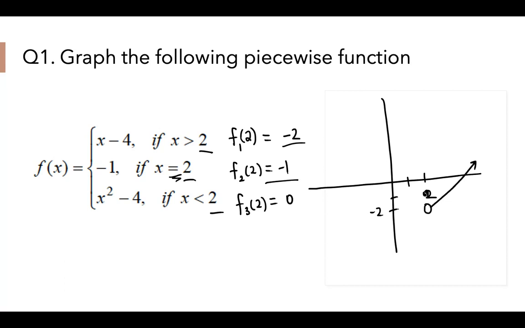I'm going to draw a closed circle at negative 1. And when x is less than 2, my y value starts at 0 and it's not including, so I'm starting at 0 with an open circle, and it's a parabola. It will look something like this. So this is a piecewise function represented by three different formulas based on the same domain boundary.